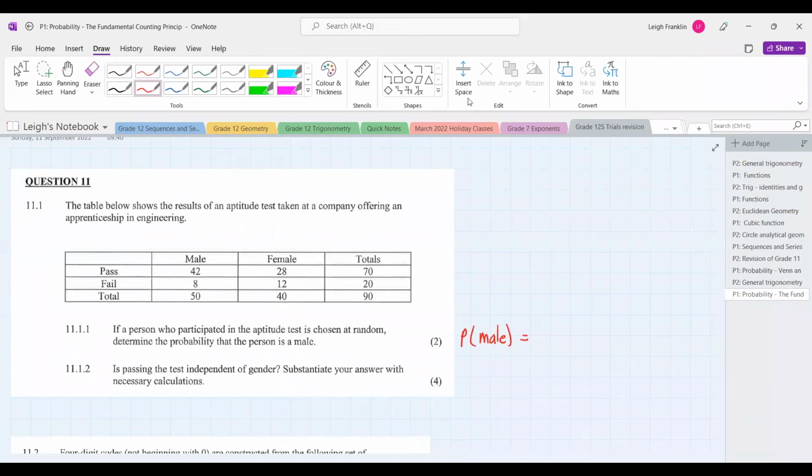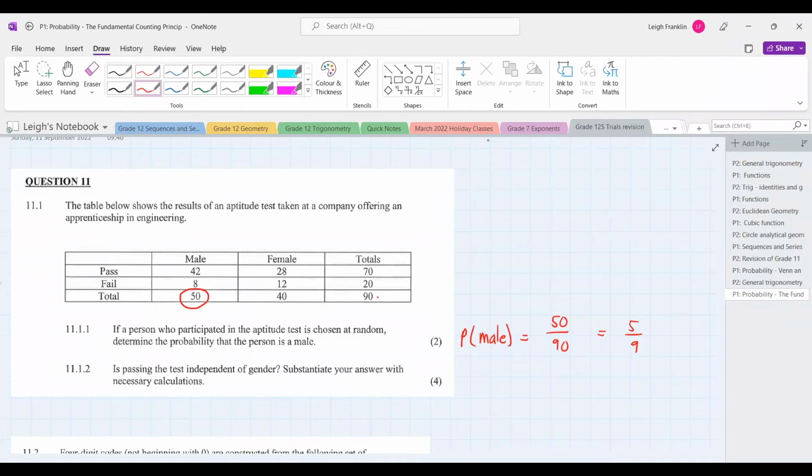Okay, so Kola, you did that really, really quickly. Well done. Okay, so you got the 50 from here, which was quite right. And you got the 90 from there. That was our total. Okay, so that would be 5 out of 9, etc.